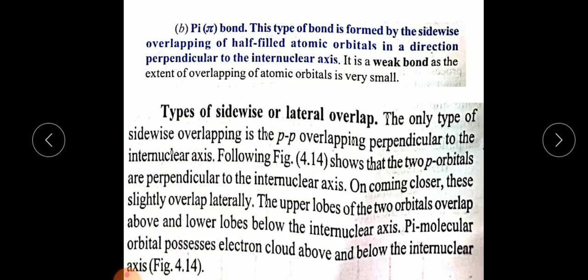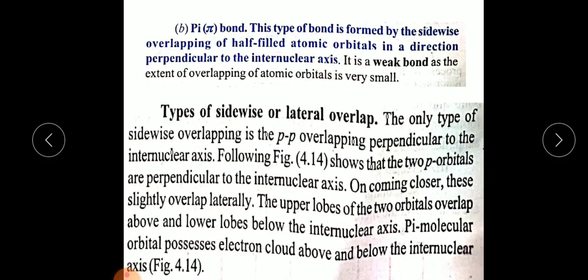So pi bond, this type of bond is formed by the sidewise overlapping of half-filled atomic orbitals in a direction perpendicular to the internuclear axis. This will not be a head-on or axial overlapping.